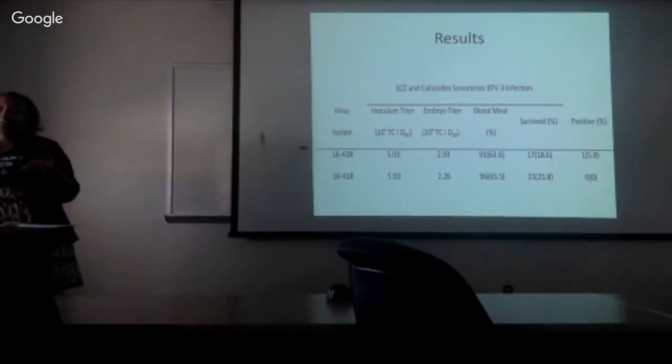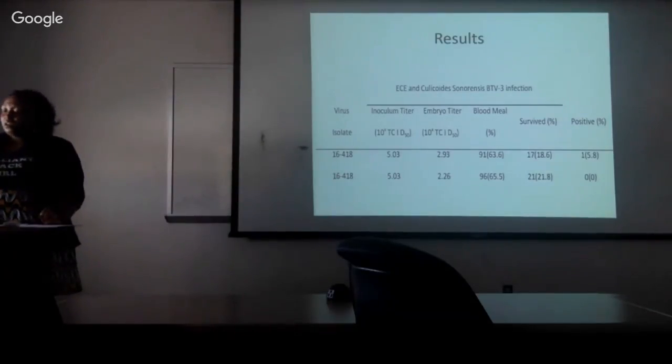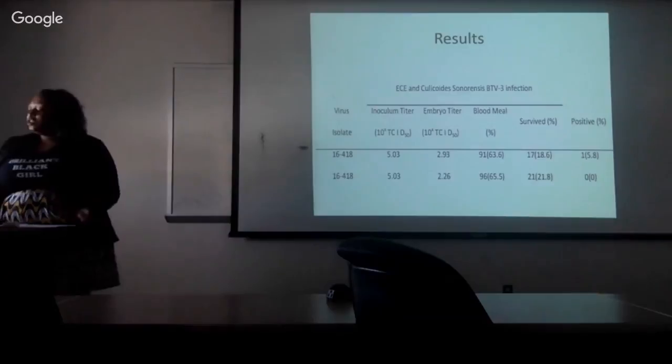But first we needed to see if we could get replication and transfer to midges with this virus. And so we did a very small study. We inoculated a few eggs and managed to get infection in 2. And so I fed midges on these as well, and we isolated 1 positive midge.